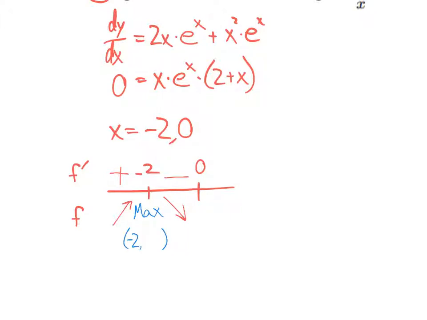So then we keep going with our sign diagram. I pick a number bigger than 0, so like 1. And that's a 1 times positive times 3. Positive. So I know my function is going to be increasing, which means I have a local min at 0. So the min is 0 something.